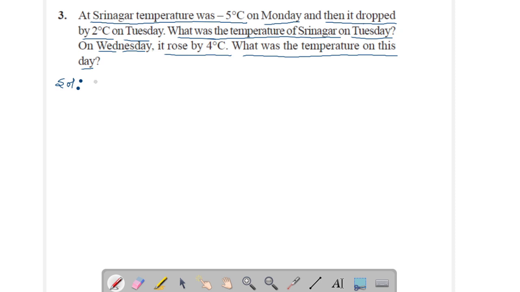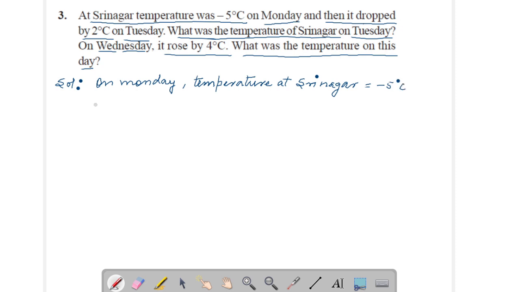On Monday, temperature at Srinagar, it is -5 degrees Celsius.